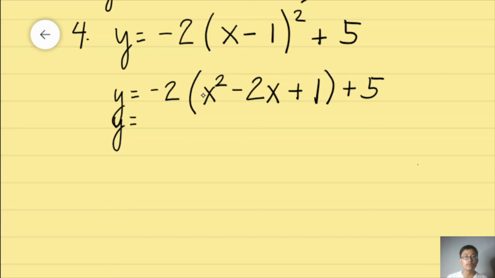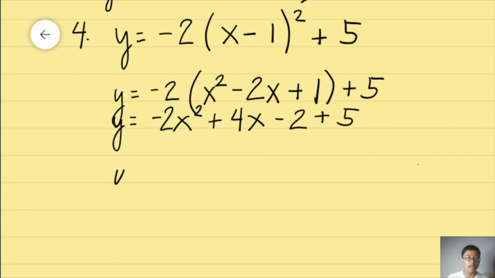Then, next step natin is times natin by negative 2 nasa loob ng parenthesis. So, you have negative 2 times x squared. So, that's negative 2x squared. Negative 2 times negative 2x, that is positive 4x. Negative 2 times 1, that is negative 2, plus 5.